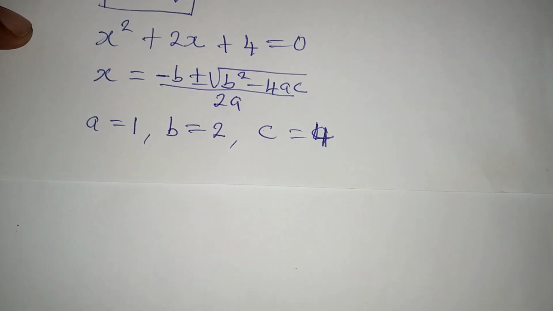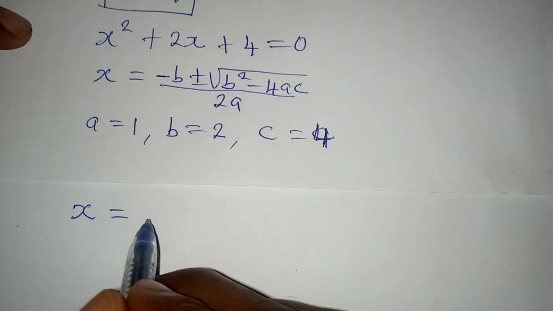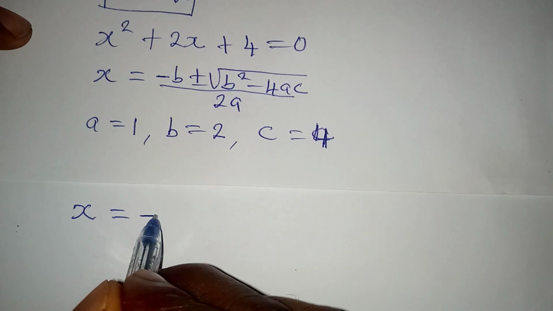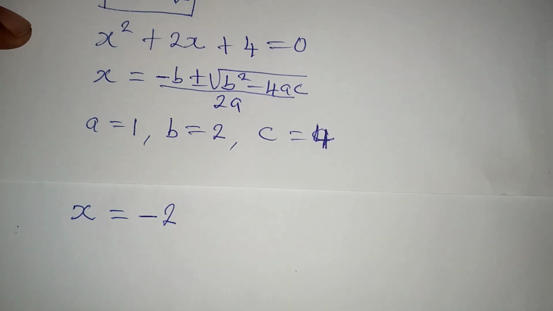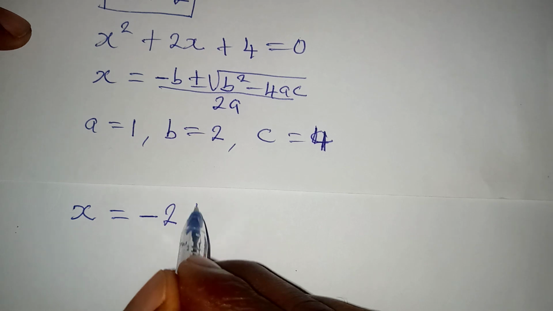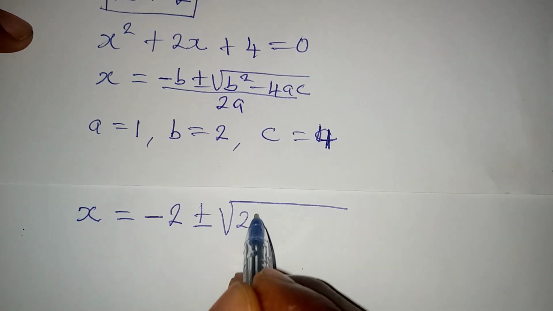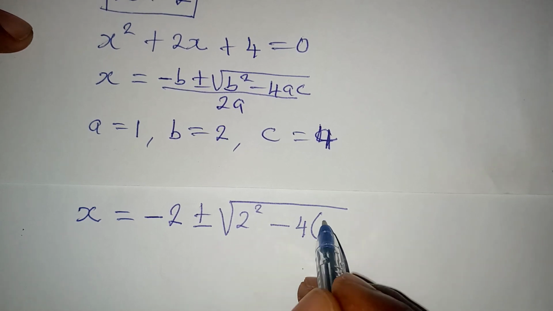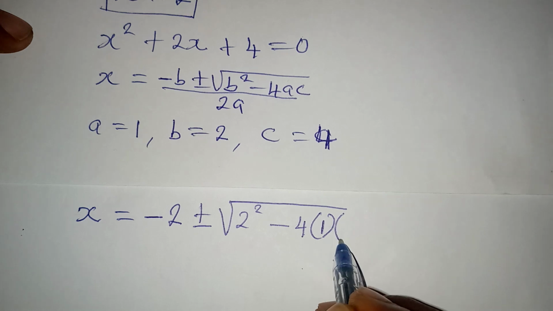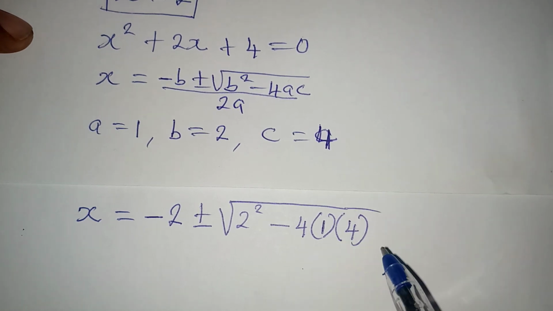Now this is what we are going to do. So we have x equal to minus b, which now becomes minus 2. So we write minus 2 over there. And then plus or minus square root of 2 squared, then minus 4 times a, which is 1, times c, which is 4. Then we close this bracket.